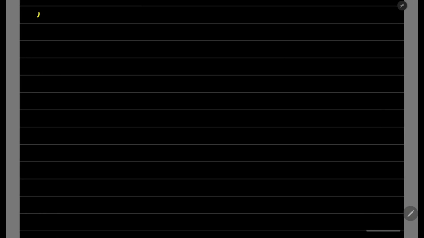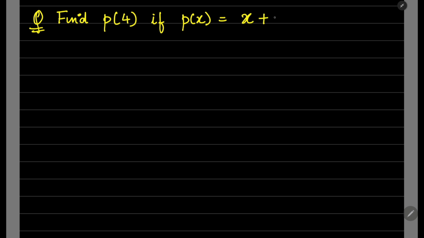Find p of 4, if p of x is equal to x plus 5. Very simple. You have to find the value of p of x at x equal to 4, right? So p of 4 is equal to, in place of x, just substitute 4: 4 plus 5, which is nothing but 9. That's your answer, right?